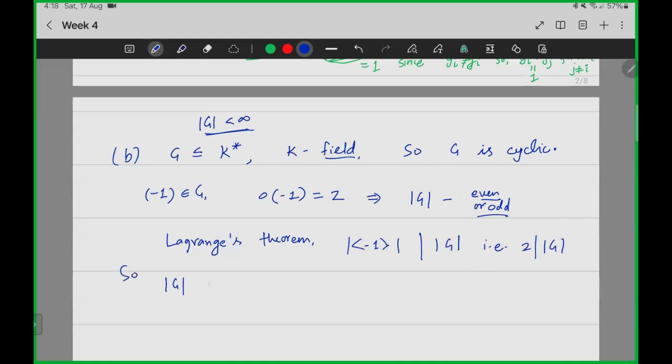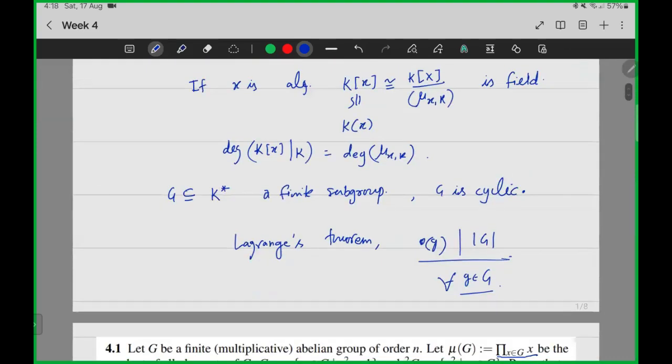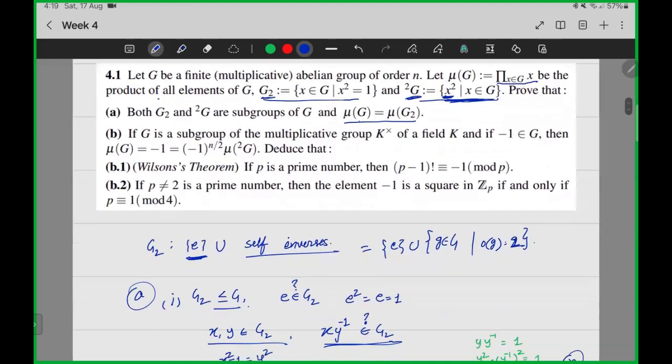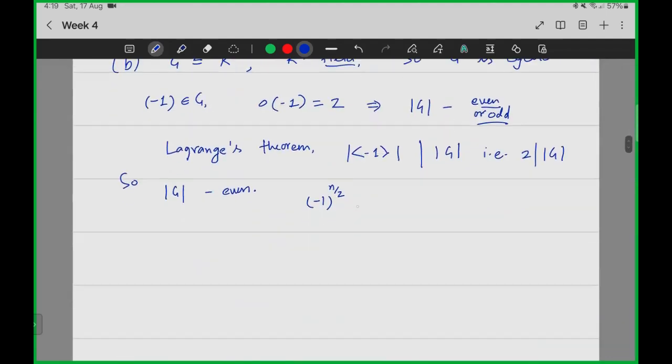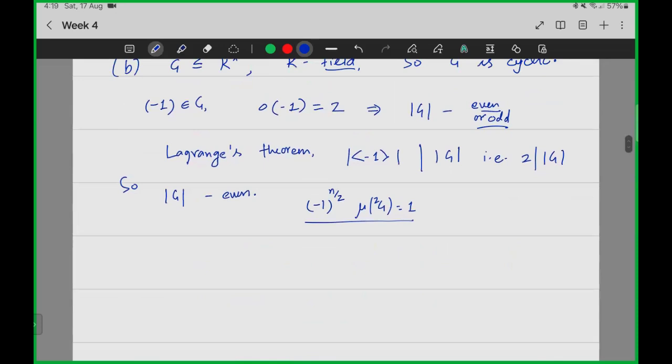The order of G is even. Because in the proof it is given -1 to the power n by 2 into mu of 2G, and this is equal to -1. So now we are very sure that n is even, so n by 2 is an integer. So no need to worry about whether it is a rational number or an integer. This is an integer.